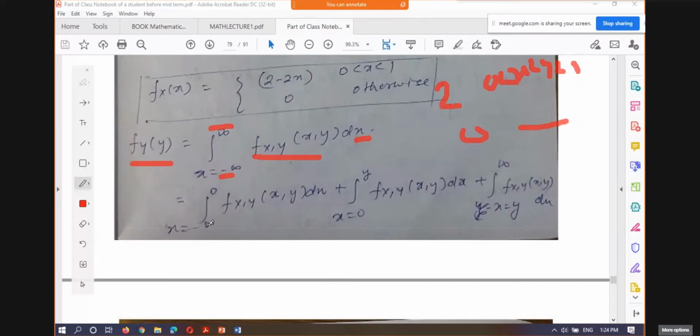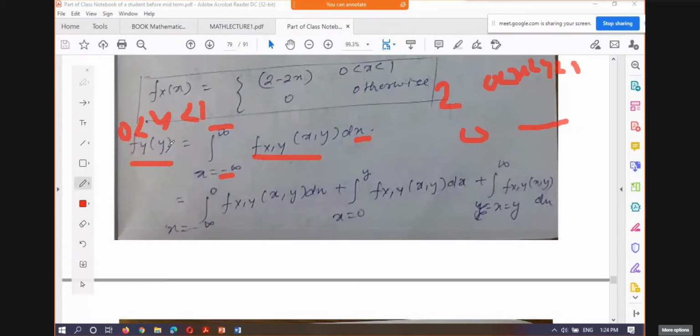So now we are integrating with respect to x. We have taken one limit from x going from minus infinity to 0. Another one, again we are taking the case when y is less than 1. Here we are discussing when y is greater than 0 and less than 1; otherwise the domain will give us 0.